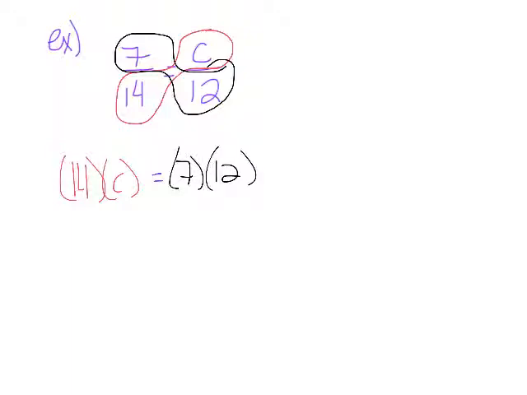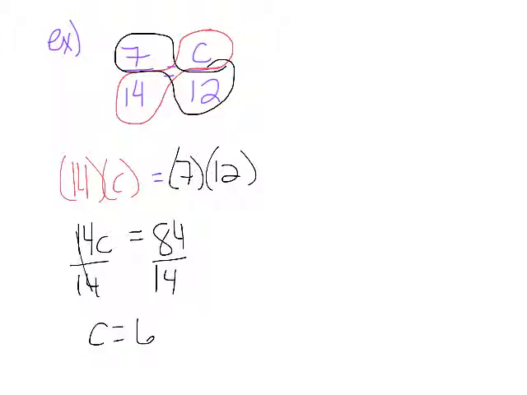And from here, 14 times c gives me 14c equals, and then 7 times 12 equals 84. And now I'm at a one-step equation in which I can divide by 14, because I want to isolate c, so c equals 6.